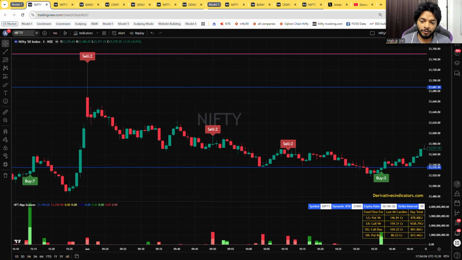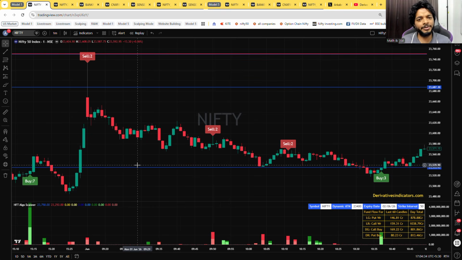If you hover over these bars in the HFT indicator, you will get to know the numbers. There are 4 types of colors, as you can see. Red means bearish, so you can easily remember that light red means call writing. The light ones are the writing. Similarly, light green is put writing, dark green is call buying, and dark red is put buying.